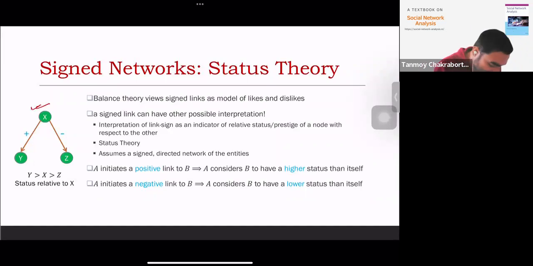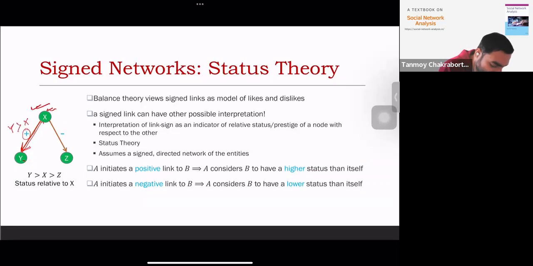X is connected to Y through a positive link, but this is a directed link.